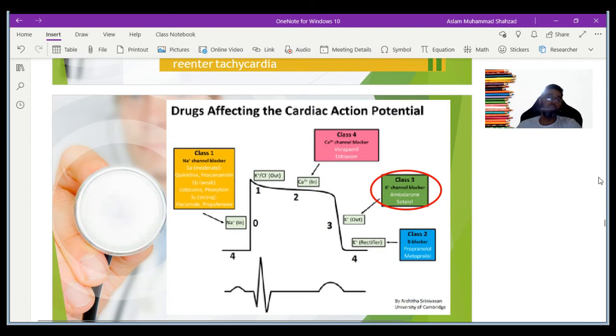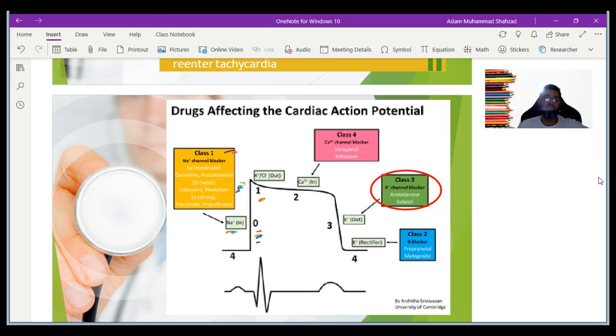If you take a look at this picture, this is phase 0, the upstroke level, and you can see there is a sudden increase of sodium.